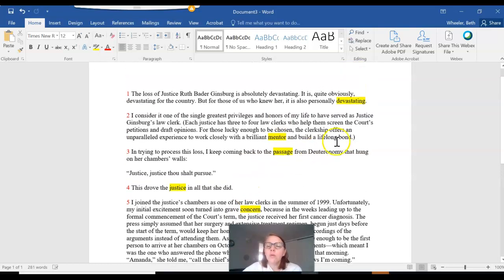So a synonym for devastation would be, I think I'm going to focus on grief here. There are other words in this paragraph that give me some consideration about what word I would choose, and we know someone has died, so I'm going to put grief instead of devastation. And here I'm going to put maybe colleague or partner.